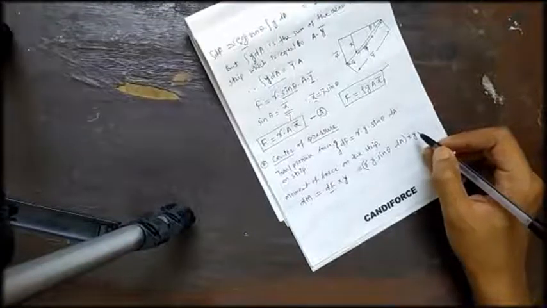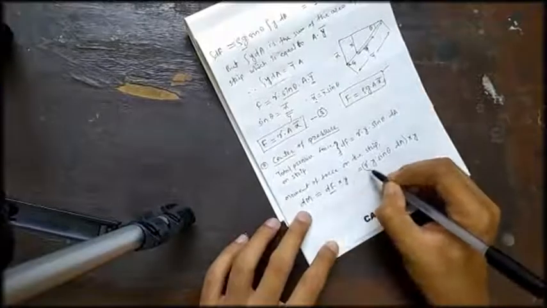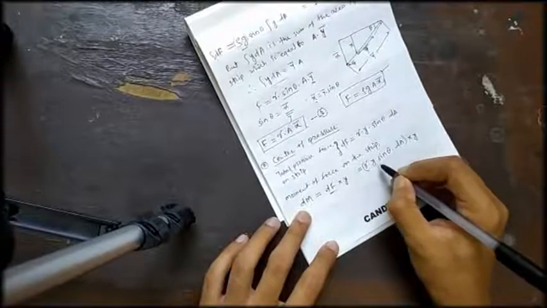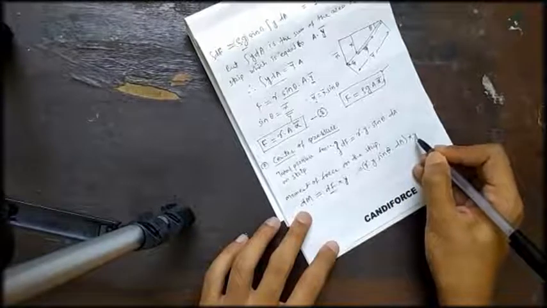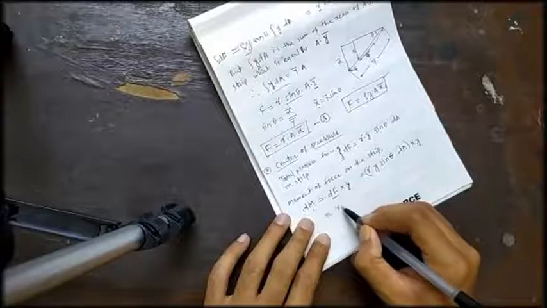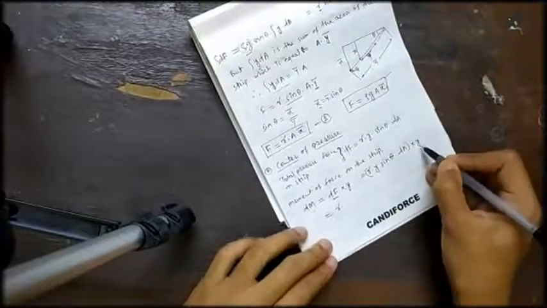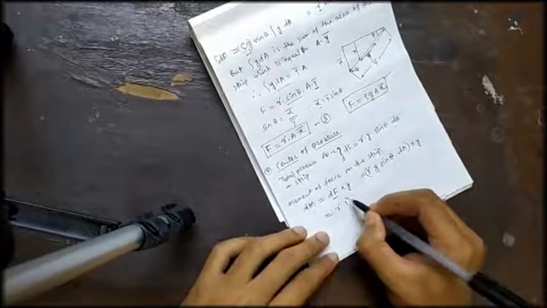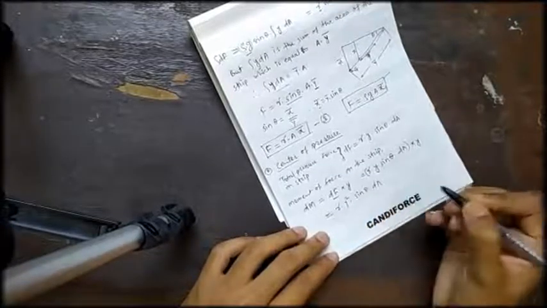So dM is equal to gamma into y into sine theta into dA into y, correct. Gamma into y into y is y square, into sine of theta into dA.